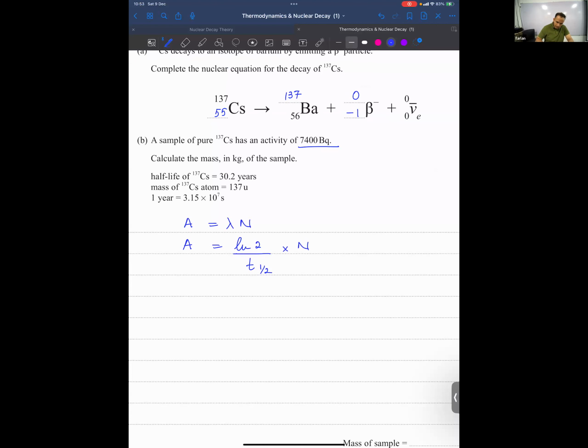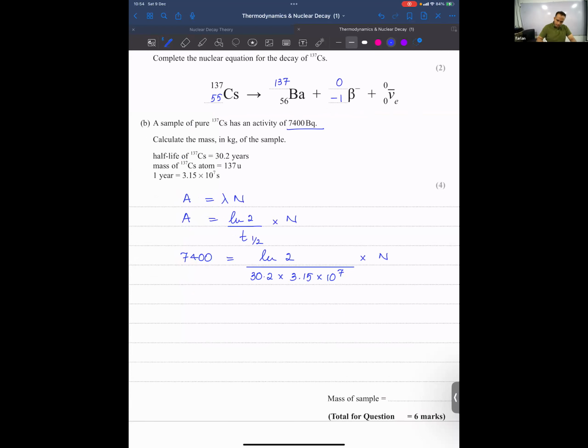So activity is 7,400 becquerels, equals ln 2 over T half. Half-life is 30.2 years, multiplied by 3.15 into 10 to the power 7 to convert it into seconds. Correct? That into N will give you the number of nuclei in the sample.